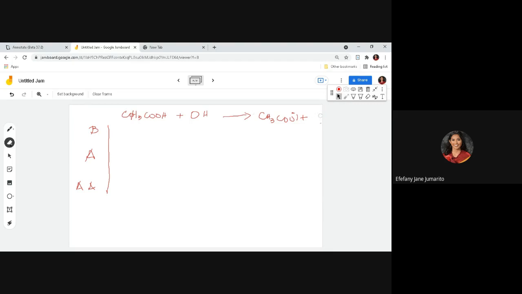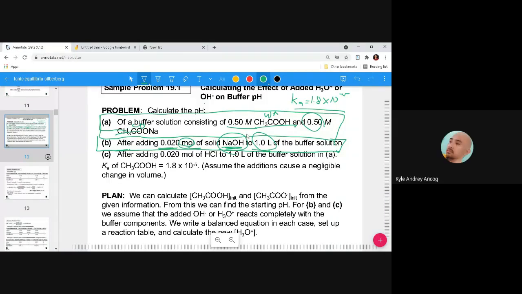Did you get the equation, class? Yes, ma'am. Because we have acetic acid and then we have OH. Now, where does the OH come from? From the solid sodium hydroxide, ma'am. It comes from the NaOH.